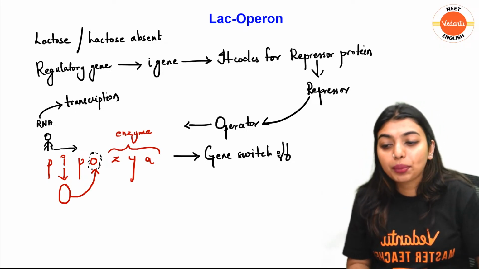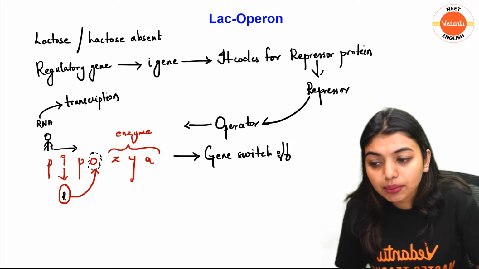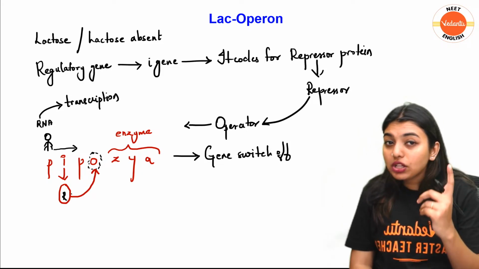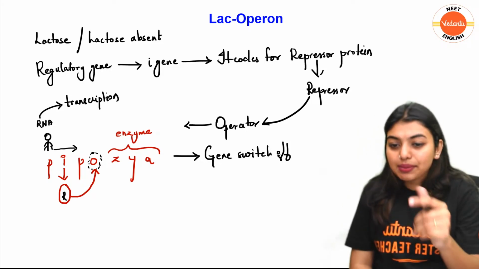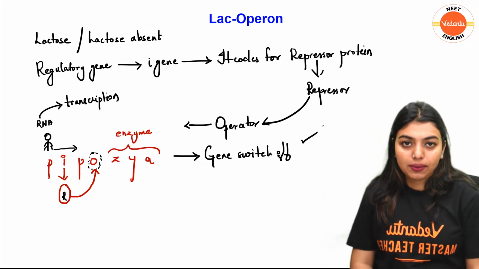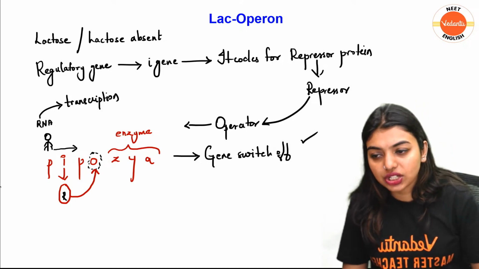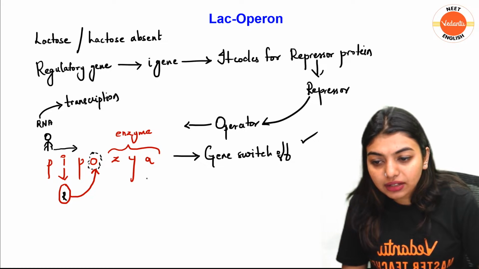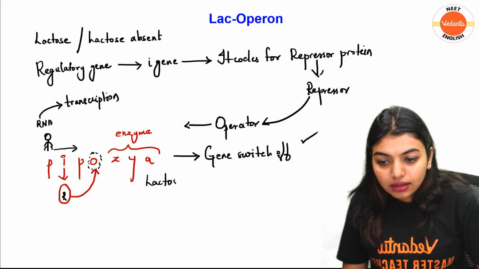I'm not able to see the operator because the repressor came and bound with it. Now RNA polymerase cannot move further. By this method, the gene got switched off. Now how do I switch on the gene? This whole thing is happening when the lactose is absent.